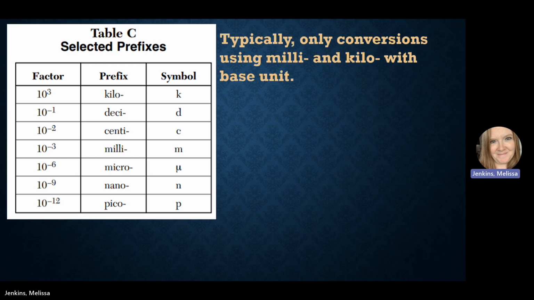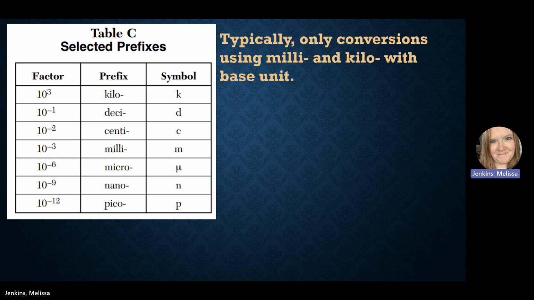So really the only two you have to know: there are 1,000 base units in 1 kilo. If this is kilograms, 1,000 grams in 1 kilogram. If you remember these two, whether it's grams, liters, meters, those units, you can pretty much do any conversion they're going to ask you to do.